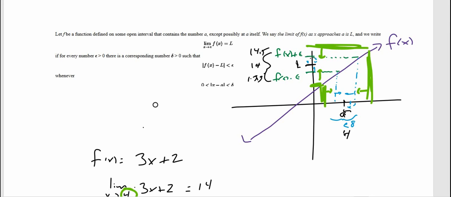Then all we have to do to ensure that the y-coordinate falls in that is that x is somewhere between 3 and 5/6 and 4 and 1/6. So as long as we stay within that interval, that's our delta, then we can guarantee our y-coordinate is going to be within the 13.5 to 14.5 range.